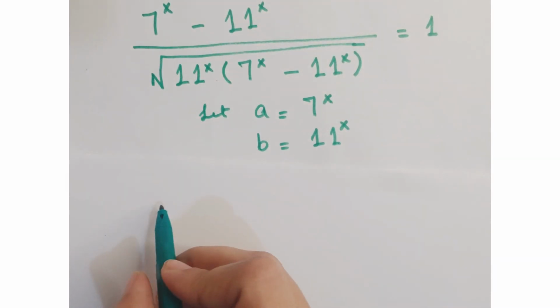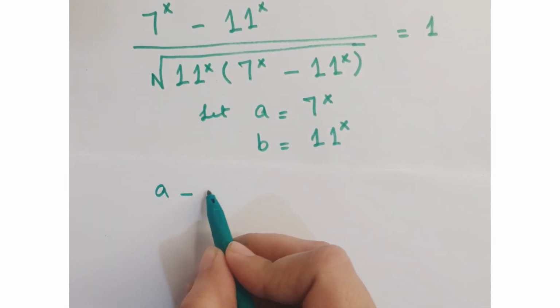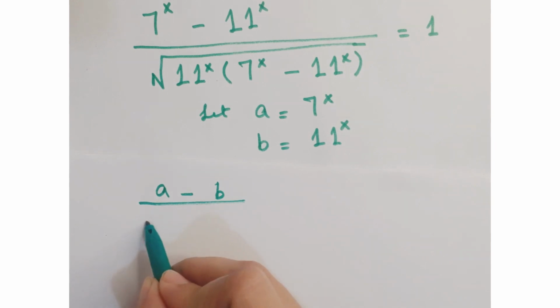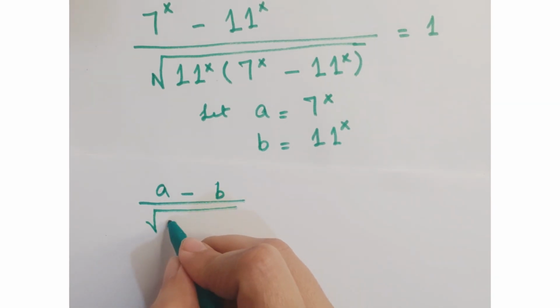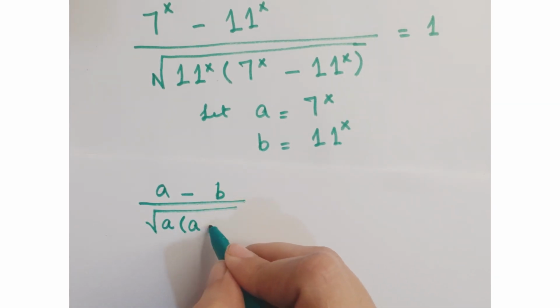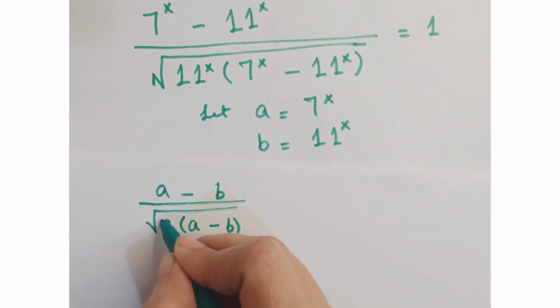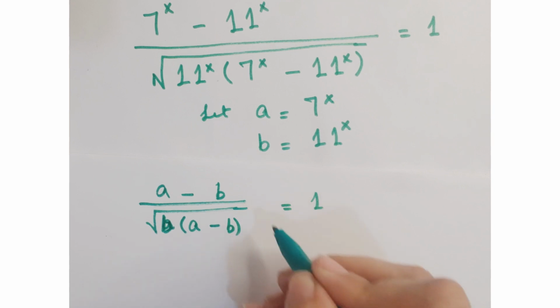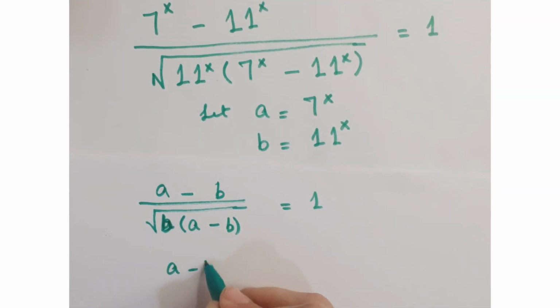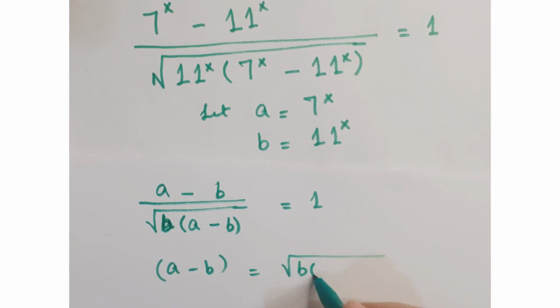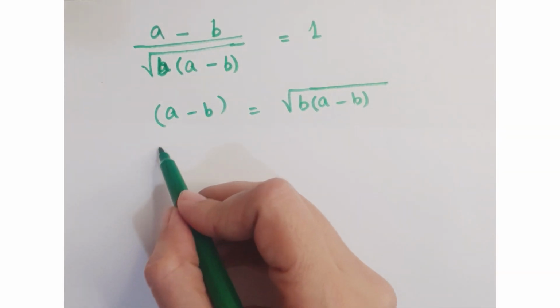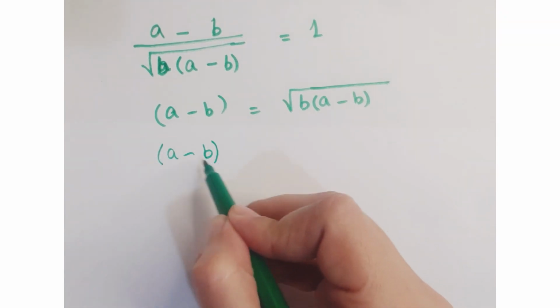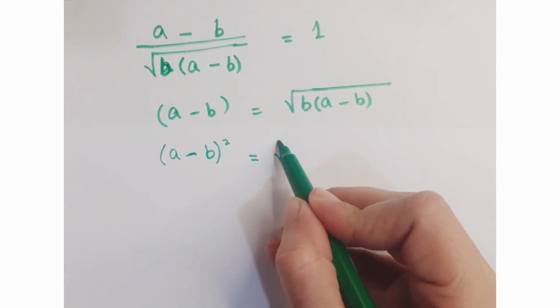Substituting these, we have (a − b) / √(b(a − b)) = 1. Now just cross multiply, you get a − b = √(b(a − b)). In order to remove the square root sign, apply squaring on both sides.